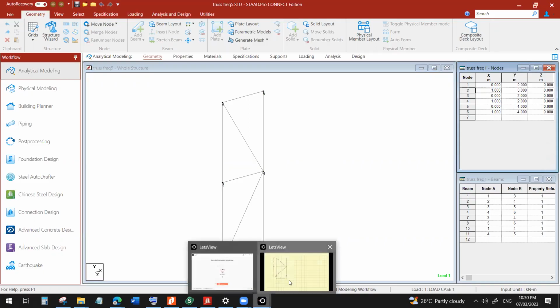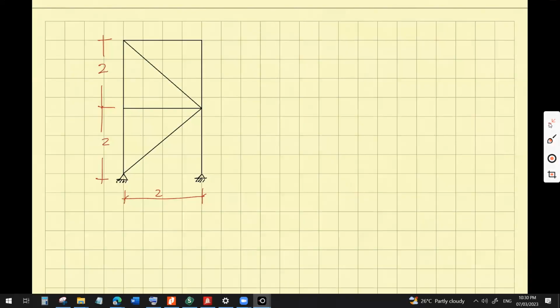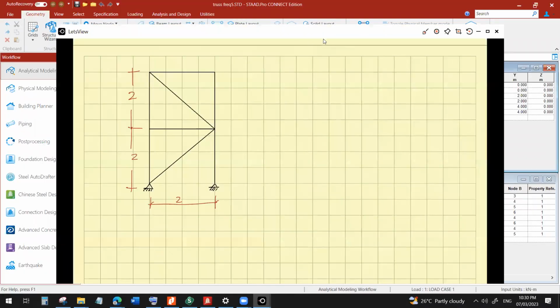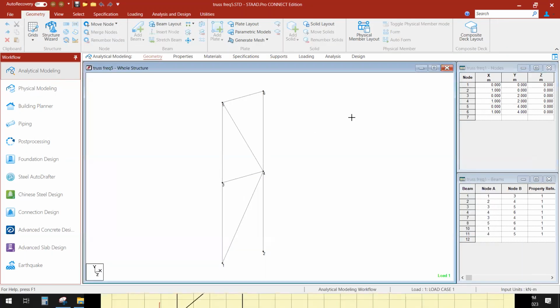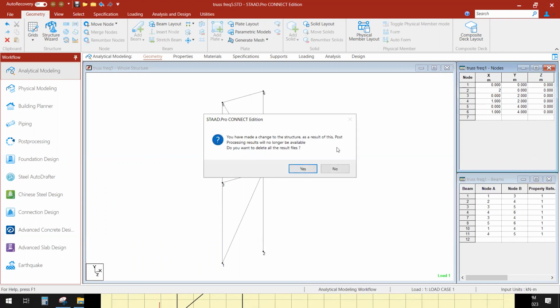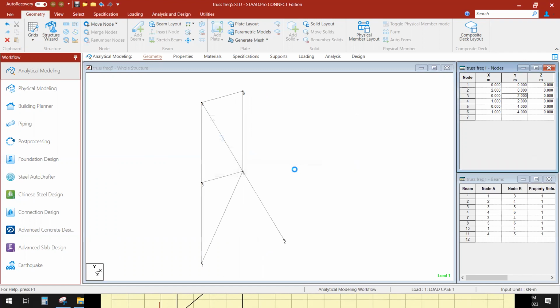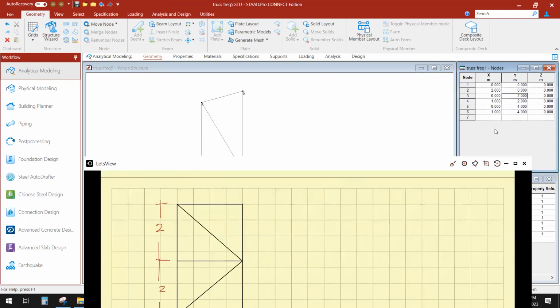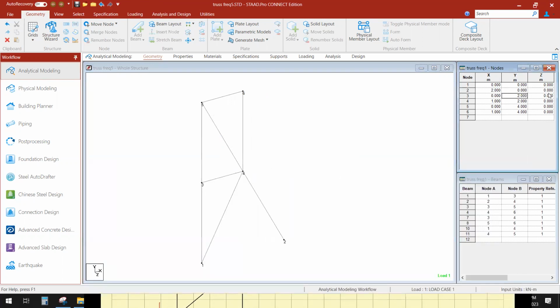So, since we have ito, 2, 2, 2. No, yun lang naman, ano? 2, 2, 2. So, this will be 2 meters. Ayan. And this is also 2.